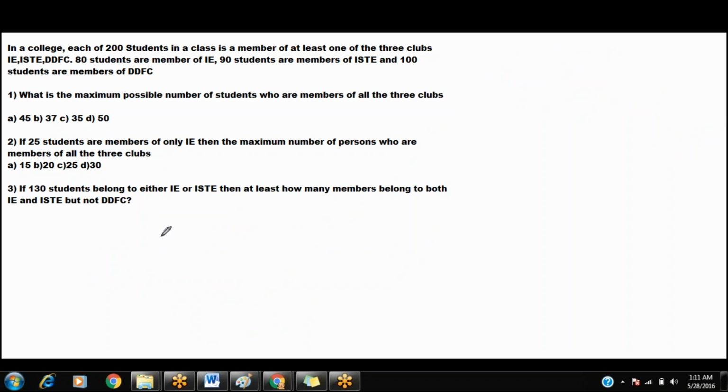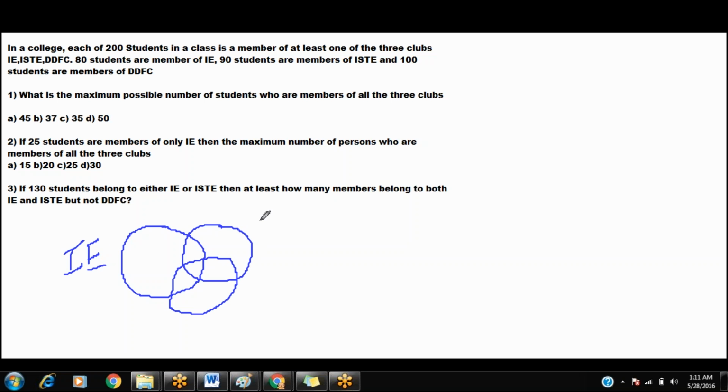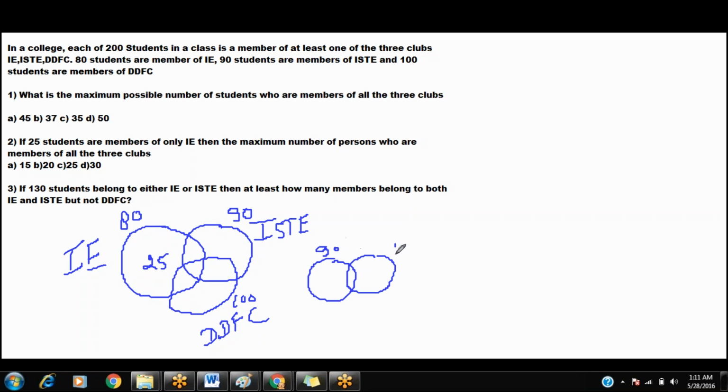Check again. I'm repeating this once again. This is IE, this is ISTE, and this is DDFC. This is 80, this is 90, and this is 100. Now only IE is equal to 25. So the remaining portions will contain 175, meaning this is 90, this is 100, and this whole portion is 175.